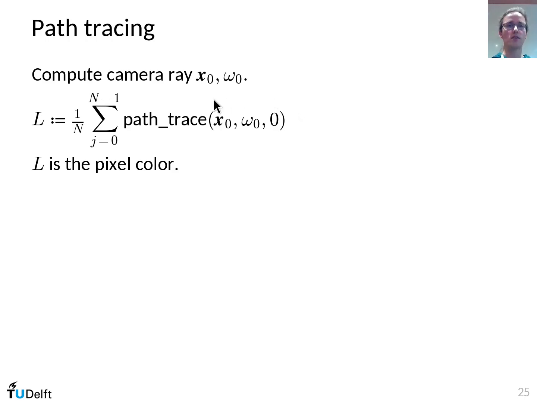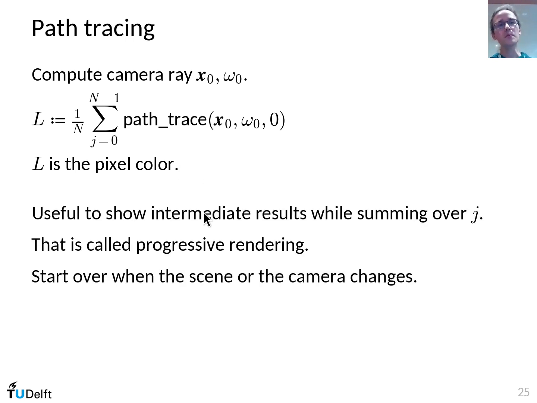We can invoke path trace once, then we get a fairly noisy Monte Carlo estimate, but we can also do this repeatedly with different random numbers, and then we get a less noisy estimate. And then the L that we get here is the pixel color, of course in a linear color space, so you might want to convert this to sRGB or do tone mapping.